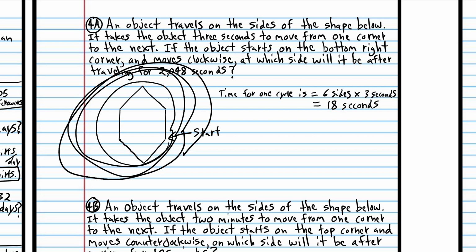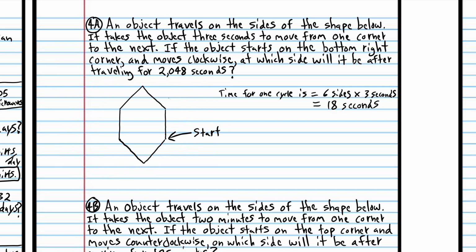Once all those cycles are done, we're going to end up right back where we started, and then the leftover is going to tell us how far we're going to go from that point. So for example, if we have leftover seconds that take us to here, then this side will be the answer. That's where the object will land.